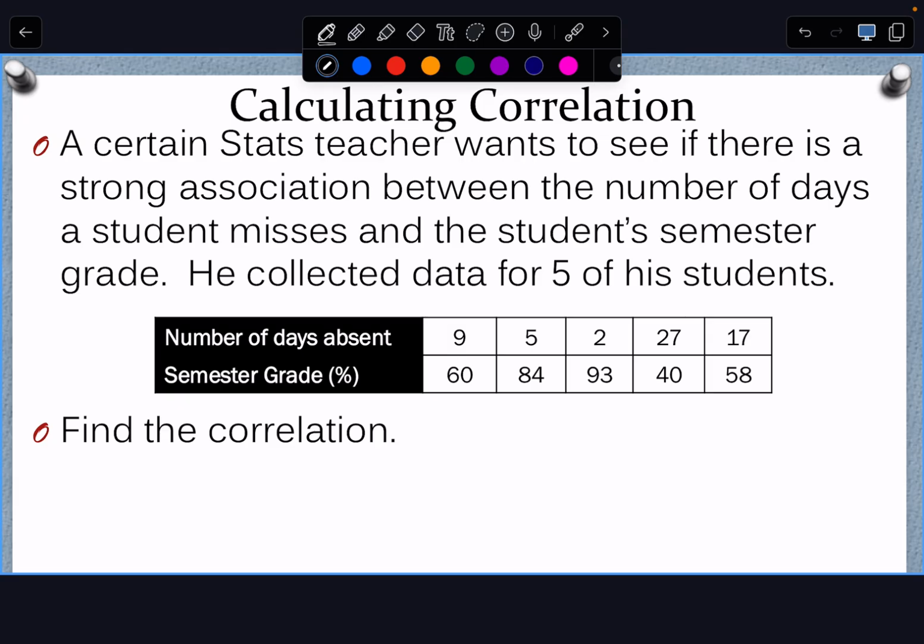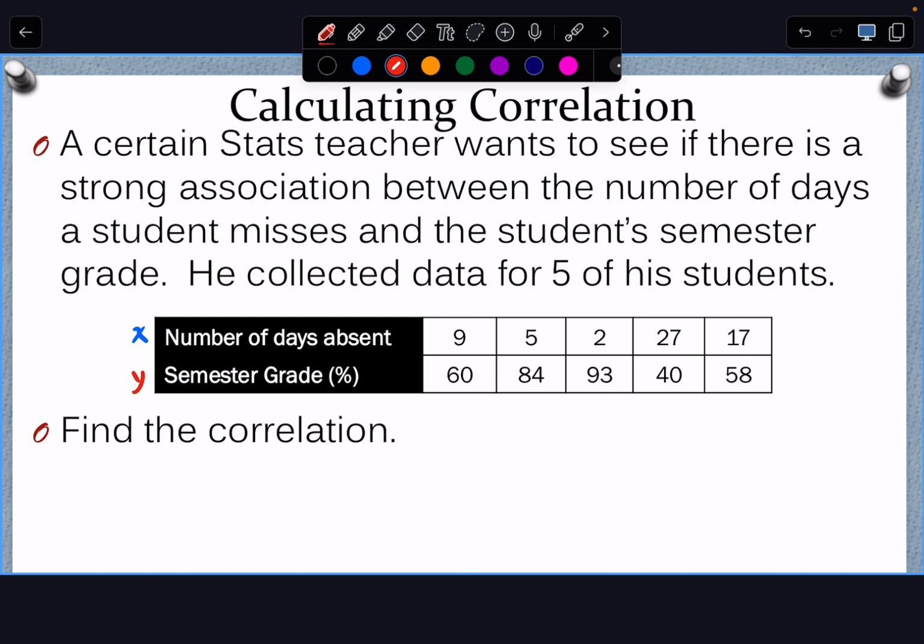Okay? So in this case, if I'm looking at number of days absent and semester grade, which one is going to be the explanatory? The number of days absent. This is my x variable. My semester grade then will be my response. Which means in my calculator, we're going to go into the stat menu. We're going to edit. So just stat, enter.